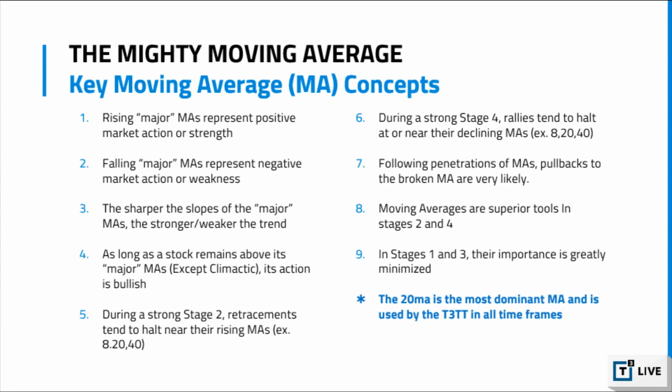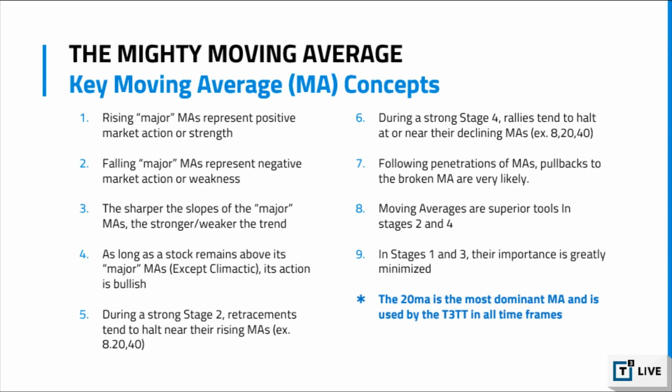During a strong uptrend, retracements tend to halt near their rising MAs, 8, 20, and 40. During a strong stage 4, which means downtrend, or really weak downtrend, rallies tend to halt near their declining MAs. Following penetrations of the moving averages, when price breaks through them a little bit, pullbacks to the now broken MAs become very likely.